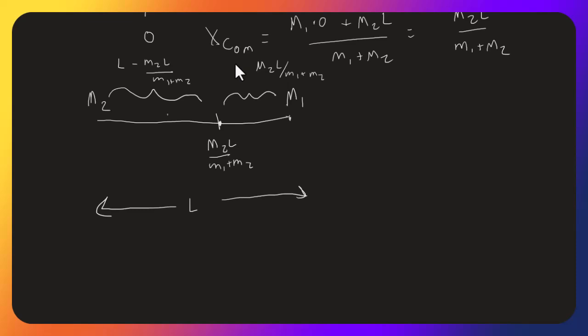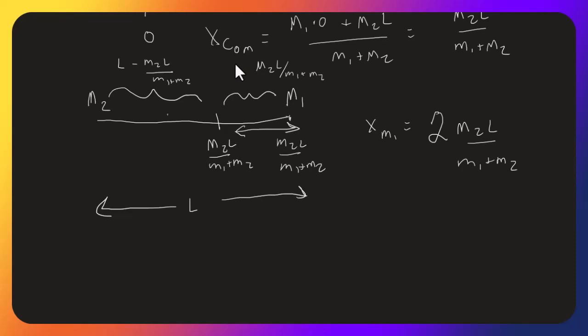And if the coordinate distance here is M2 L over M1 plus M2, and this distance is also M2 L over M1 plus M2, then the coordinate of mass M1 now has to be 2 M2 L over M1 plus M2.